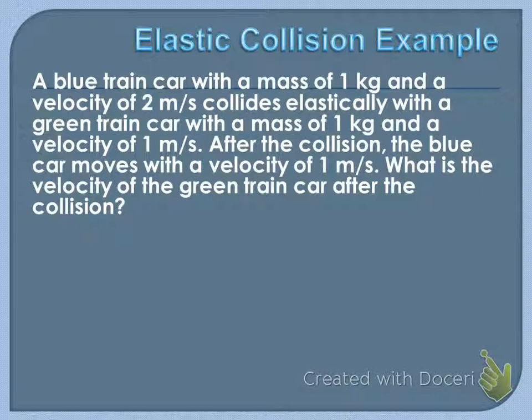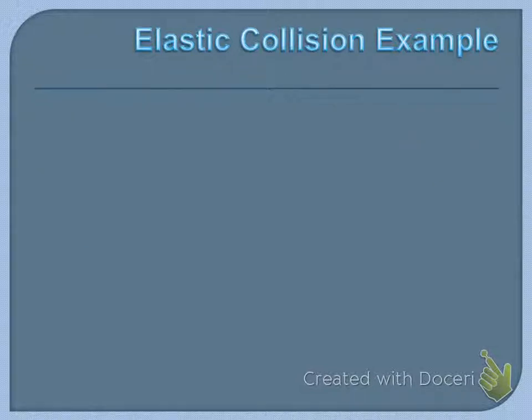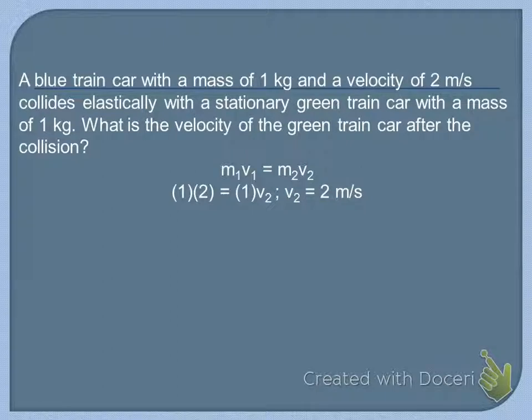All right. So let me go back to that problem for just a second and go through it a little bit better. Let's get rid of the way that it's explained here. Essentially, in this case, they have the same masses. The blue train car and the green train car have the same mass. That means that we can factor the mass out, because the momentum before is all in the blue train car.